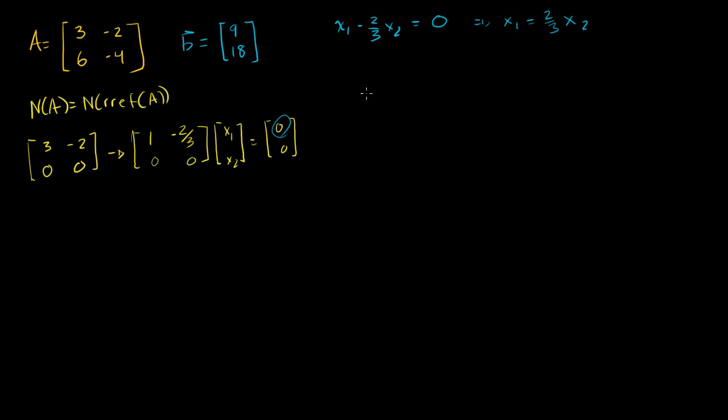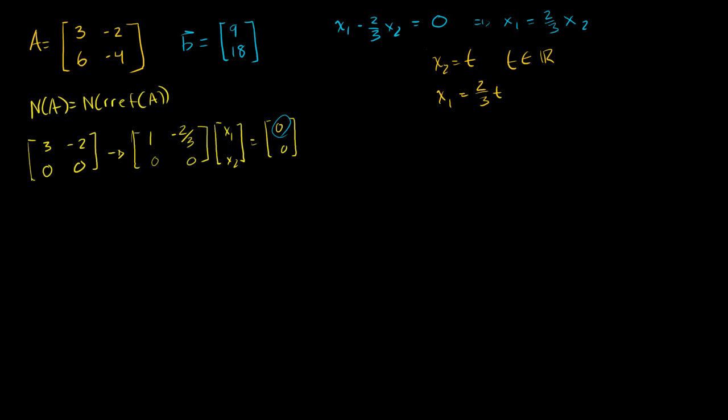So if we wanted to write the null space of A, before I write that, just to show you that x2 isn't some special number, let's just say that x2 is equal to t, where t is some real number. And then we would have x1 is equal to 2/3 times t.